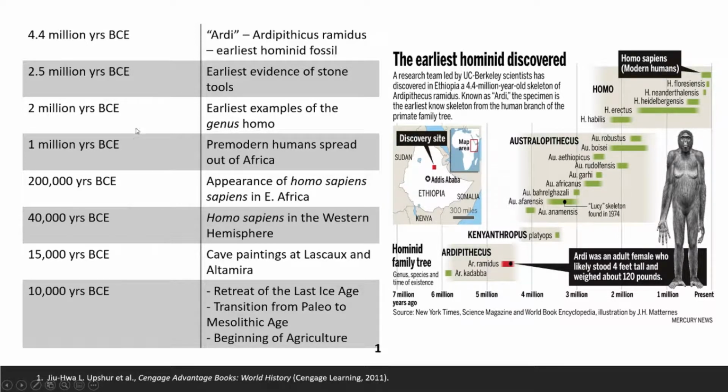Now, about 1 million years ago, pre-modern humans started to spread out of Africa. And about 800,000 years ago, fire. They discovered fire. And of course, 200,000 years ago, the first Homo sapiens sapiens, modern humans, East Africa. And that's when the migration started to begin.